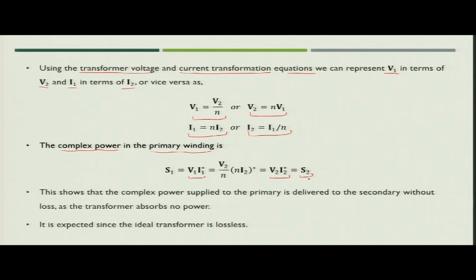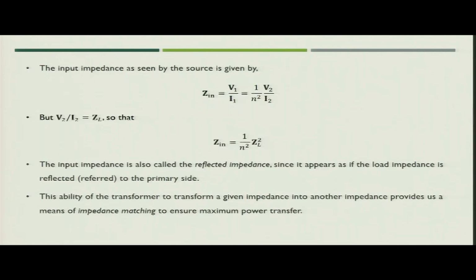So, what you can say is that the complex power supplied by the primary is delivered to the secondary winding without any loss, because we have considered the transformer as a lossless, ideal equipment. So, the transformer will absorb no power. This is anyway expected, because in case of an ideal transformer you take the transformer as lossless equipment.